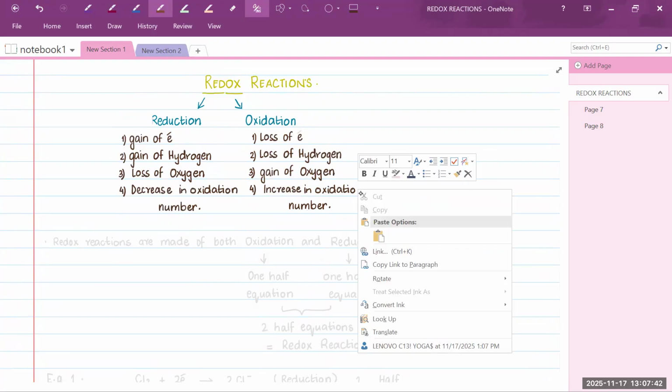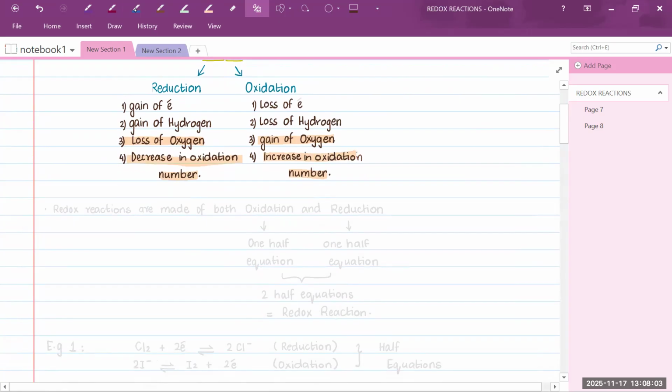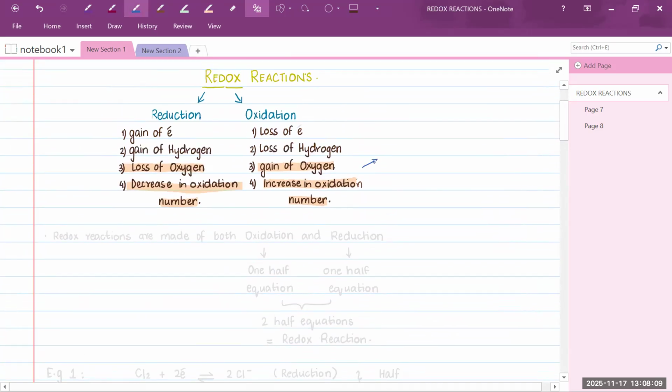So, the easier way to remember this is, for example, the gain of oxygen and the loss of oxygen. These two are the easiest to remember, as well as this one, increase in oxidation number and decrease in oxidation number. For example, there's an element Cl2.